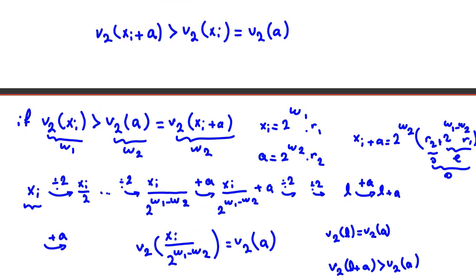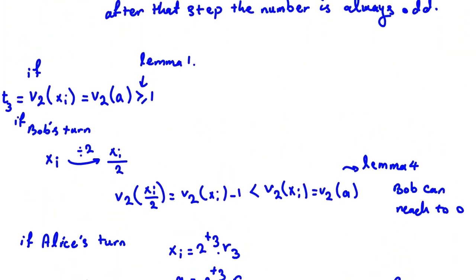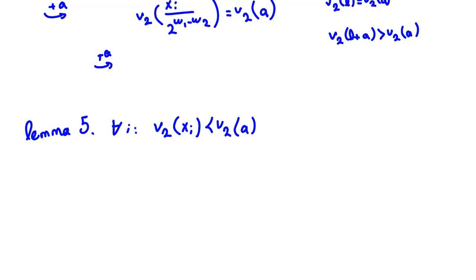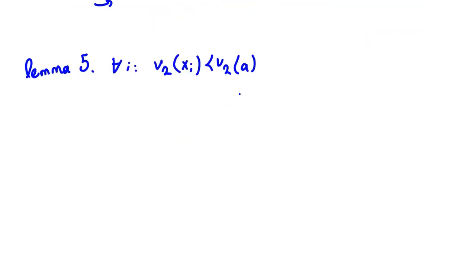Okay? So we've proved lemma 5. Because the problem says Bob can reach a state where all numbers are odd, with lemma 5, we should say that for all i, v2 of xi is less than v2 of a. And now, if this happens, we can say it satisfies the assumption of the problem. Why? Because if we start from x1, by lemma 4, Bob can reach a state where this number is odd.